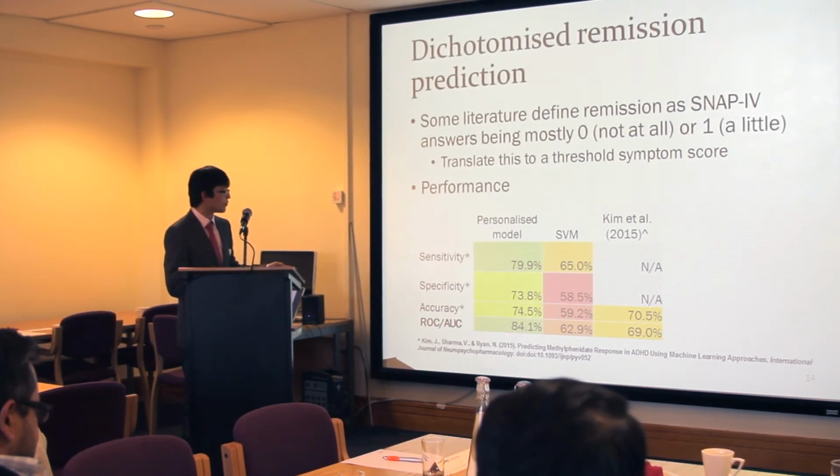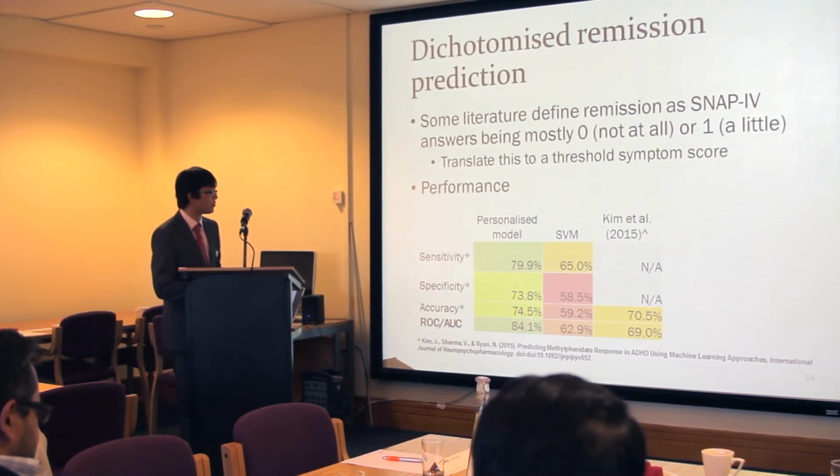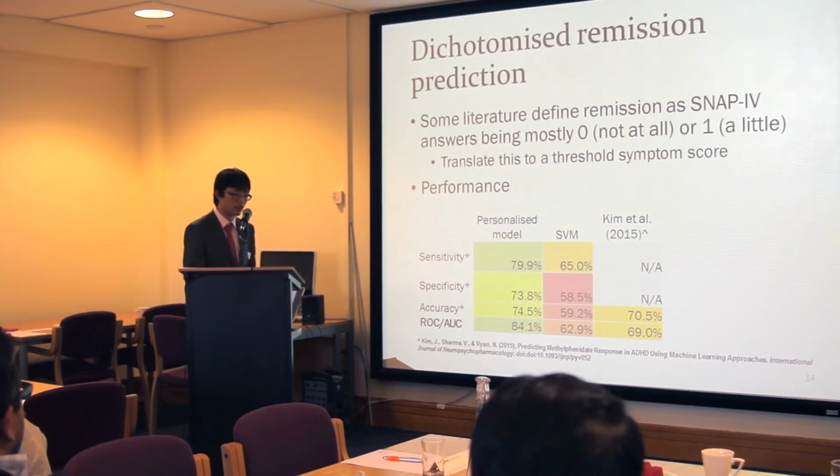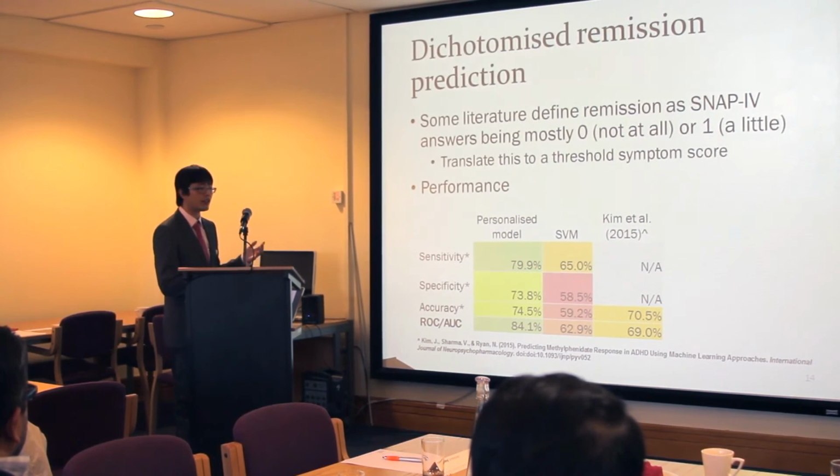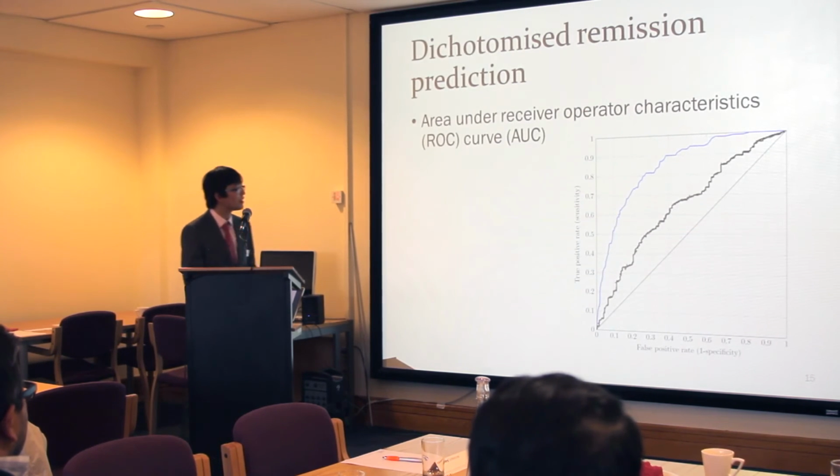So normally, machine learning people would compare the performance of different algorithms using the receiver operating characteristic curve, which is shown here. This is the sensitivity, the true positive rate, and on the x-axis is the false positive rate.